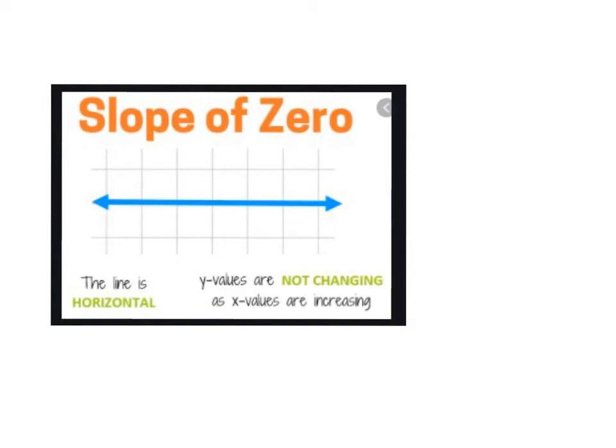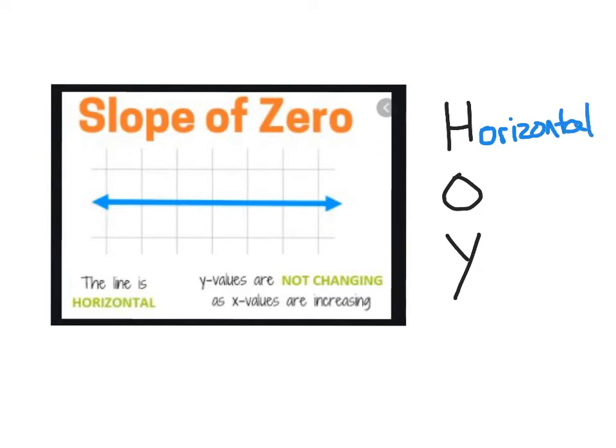So I'm going to give you a way to help you remember that. Use this phrase, HOY, H-O-Y. We have a phrase called HOY VUX, but we're going to start with HOY. HOY, again, is the idea that the line is horizontal. Horizontal just means it's straight across, left to right, okay? And it is a zero slope.